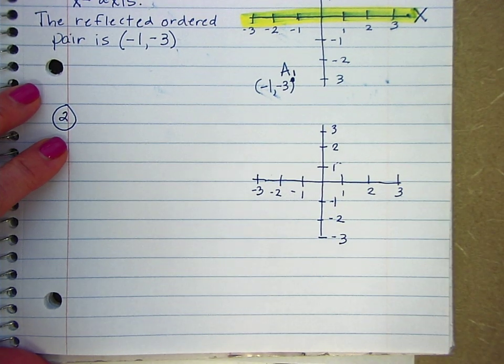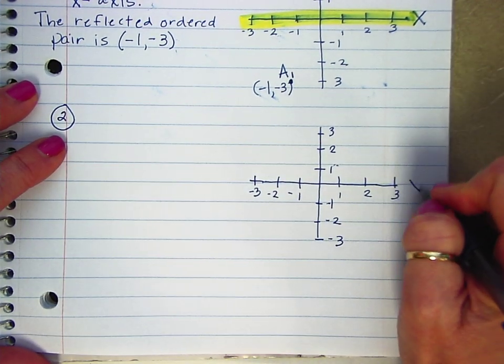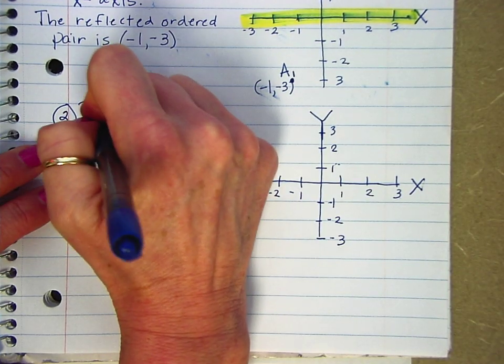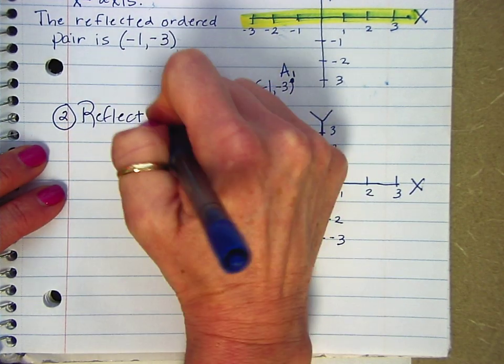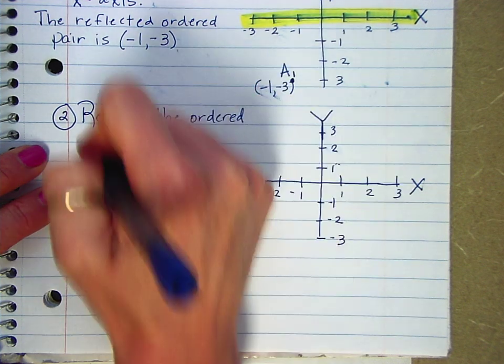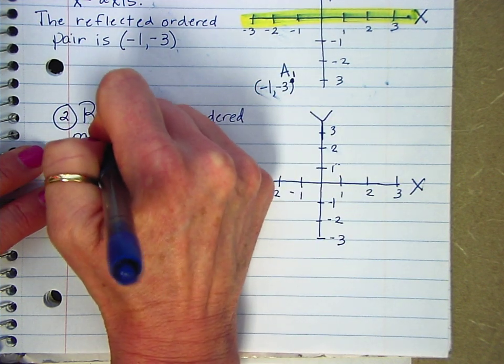All right, so let's do this. Remember, this is x, this is y. So let's do reflect the ordered pair. I'm going to make it a little bit more difficult this time.